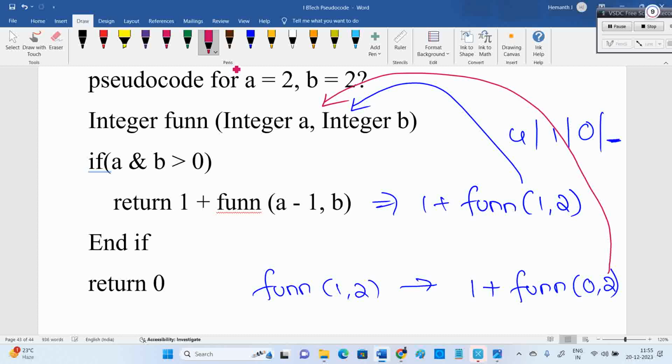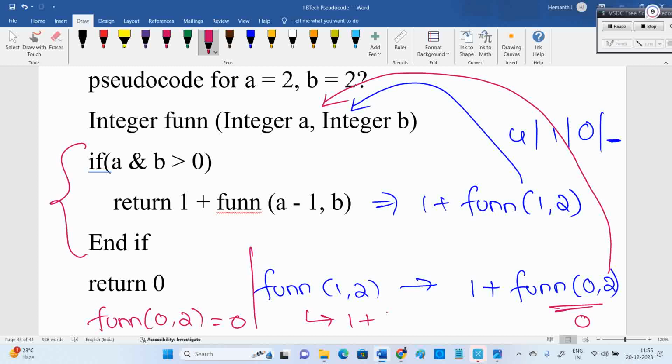Again when you enter with this, first condition fails. When first condition fails, you have to return 0. Function of 0 comma 2 is nothing but 0. Means function of 1 comma 2 value is 1.